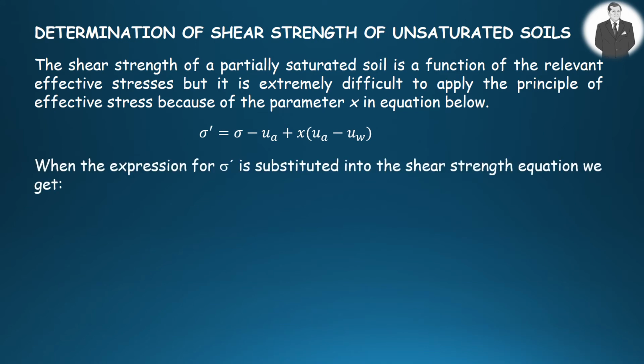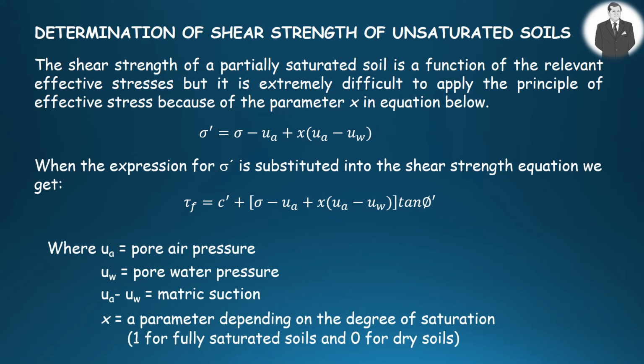When the expression for sigma prime is replaced into the shear strength equation, we get the equation in the form given here, where u_a is the pore air pressure, u_w is the pore water pressure, u_a minus u_w is the matric suction, and chi is a parameter depending on the degree of saturation.